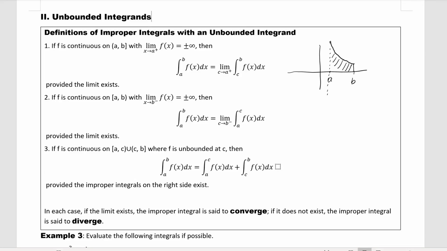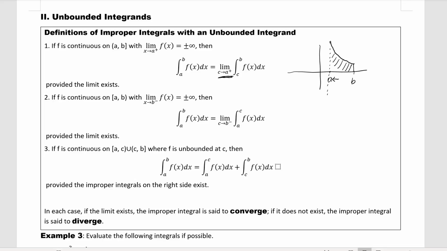So what we can do is, because f is not defined at a, we consider the limits. We replace a by c and we let c go to a from the right. You can see in this interval from a to b, we're actually approaching a from the right. So that's why here we have the right side limit. You have to be careful, because before, when we talked about the infinite interval, x either goes to infinity or minus infinity.